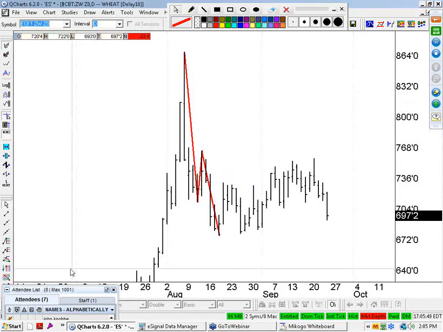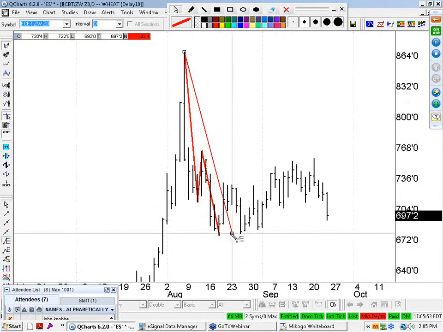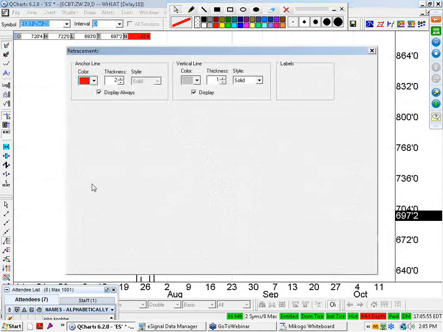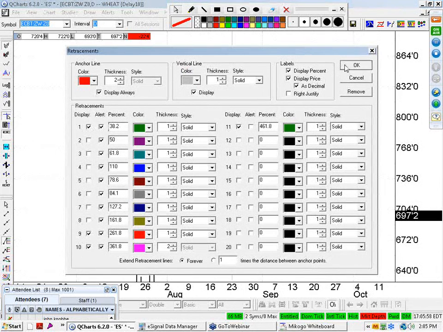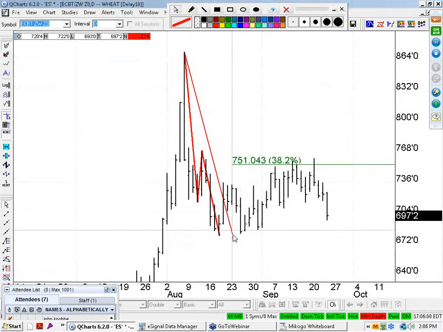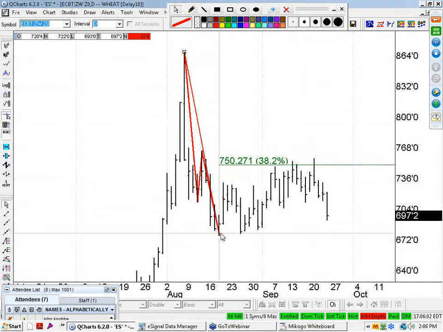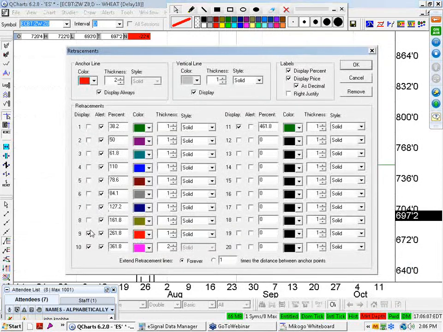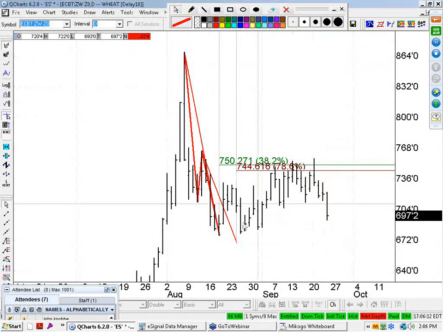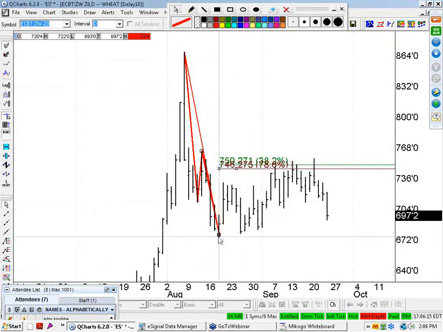Now here are the mathematical calculations for wheat. I'm going to take 38% of this big range and 78% of this smaller range. We'll snap it back in.